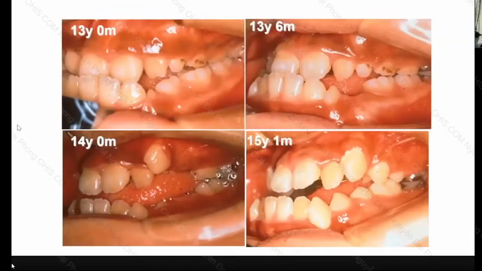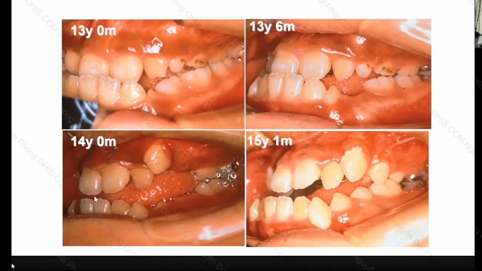At that time, he had class 3 with anterior crossbite, but not open bite. But half a year later, the anterior bite slowly opened. Then 1 year later, the milk teeth were gone, and the anterior bite was opening.